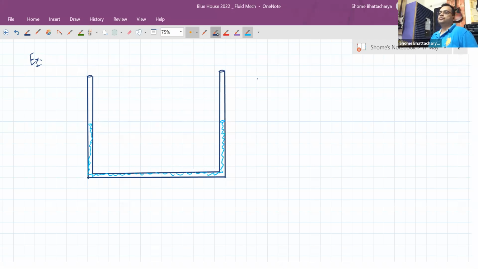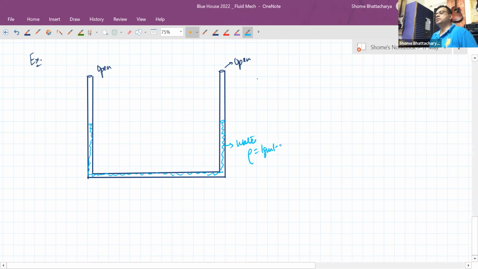So these are open surfaces like this. So this is water which has a density of 1 gram per cc and it's filled up to a height h0, let's say. So obviously this height will be the same on this side also.